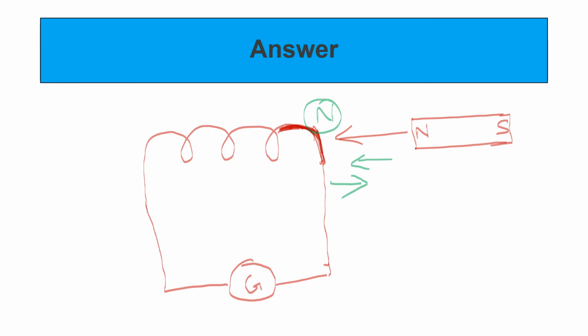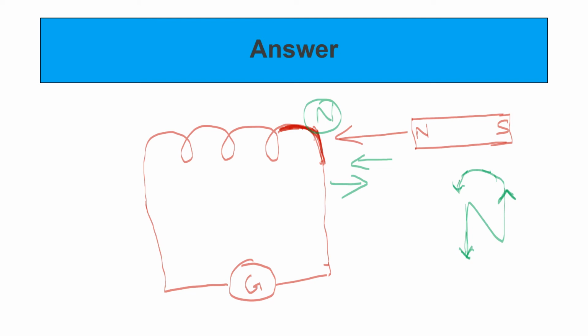If it has north polarity, the direction of the current flow will be anti-clockwise. You put an arrow mark at the tip of N, and that will give you the direction of the current flow. This shows anti-clockwise direction.